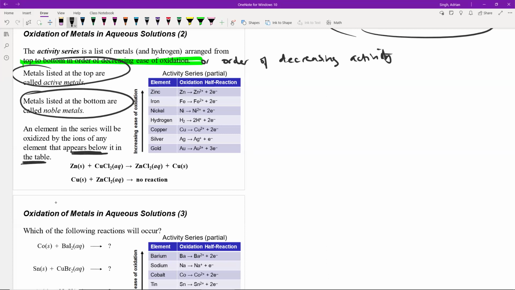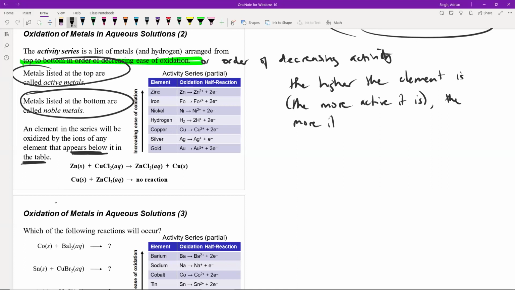Another way of saying that is, the higher the element is, in other words, the more active it is, the more it prefers to be oxidized, meaning charged. That means it prefers to lose electrons.